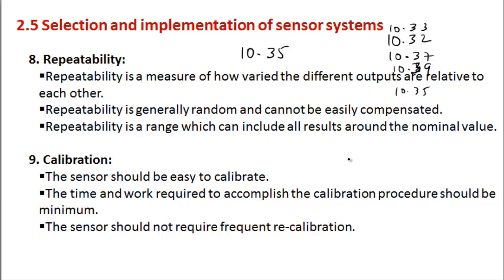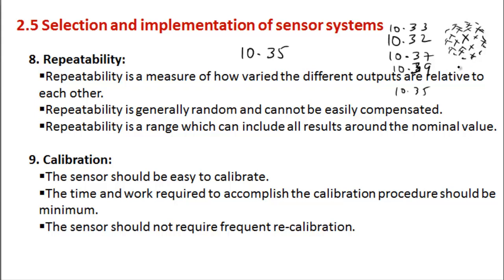Suppose this is the value that you want to track, and you are again and again taking the reading. You might be thinking that, okay, this is accuracy. No, I am talking about repeatability, wherein you take the same measurement again and again, and the values are lying within a close range.